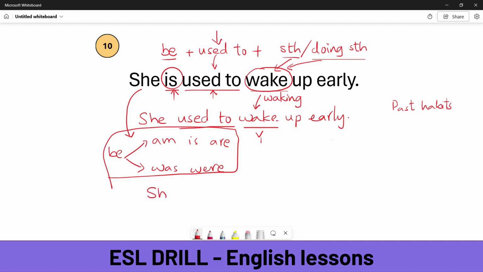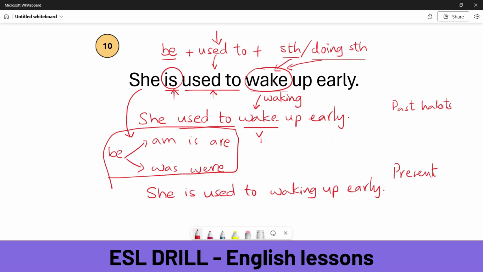Like the sentence is, she is used to waking up early. What does this sentence mean? This sentence is not about past tense. This is about present tense.